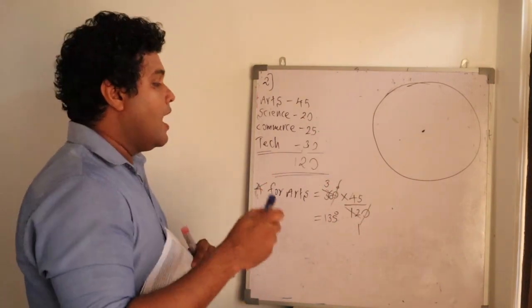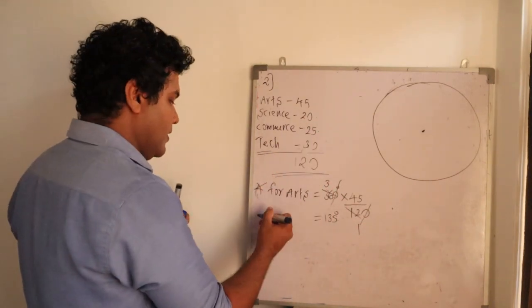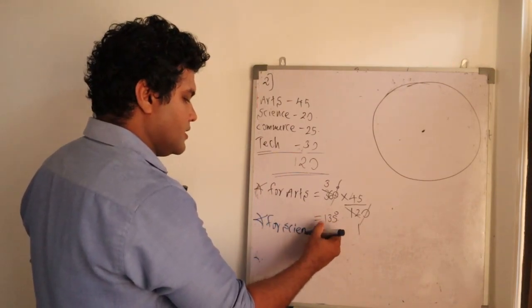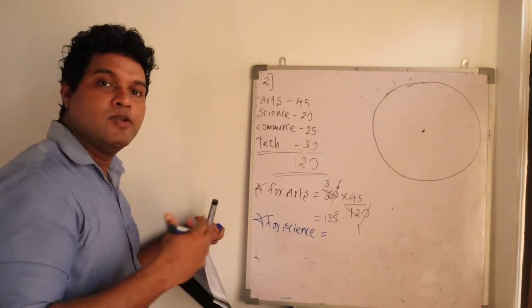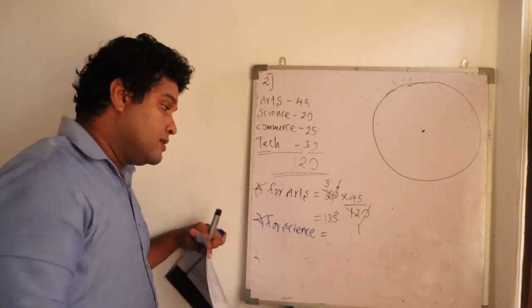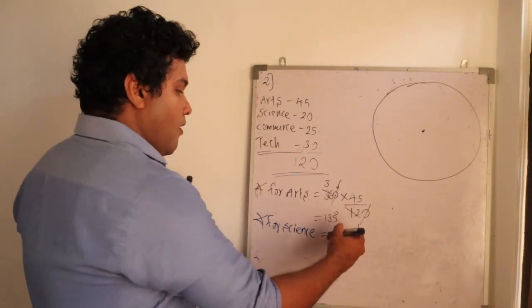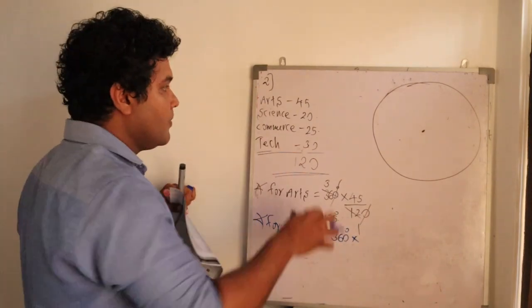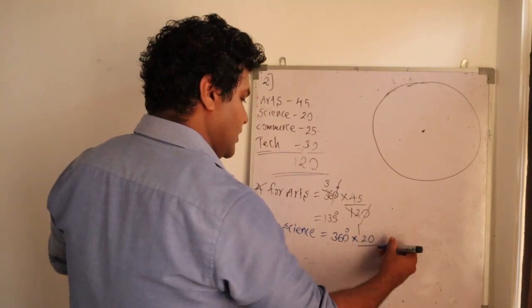So, okay. And again, we can find the angle for science. Science means the angle for the students in the science stream. By means of the same 360, we have to take 20 over 120.